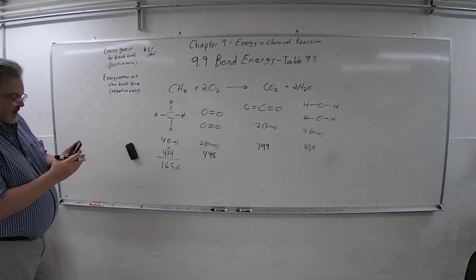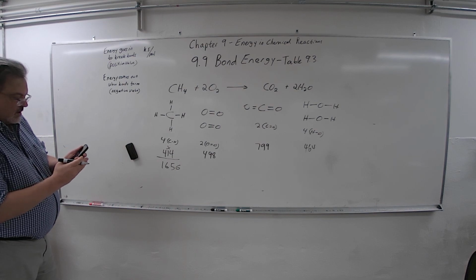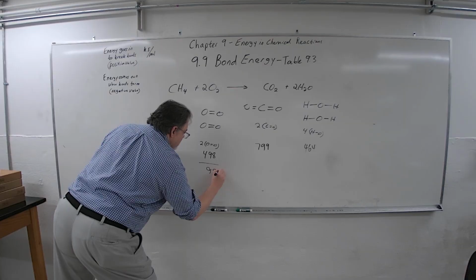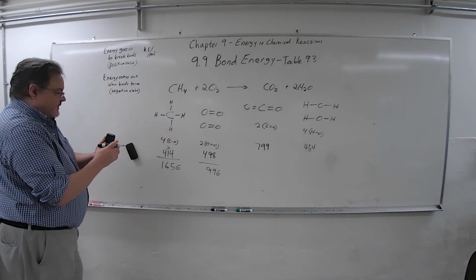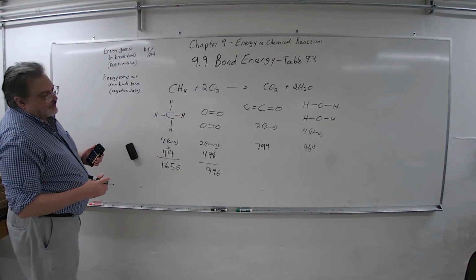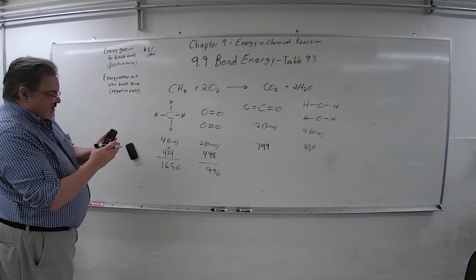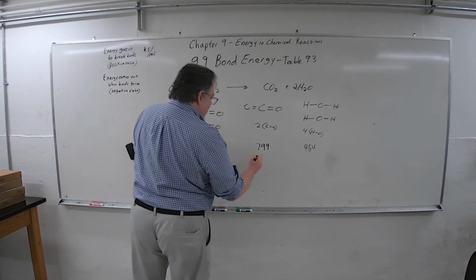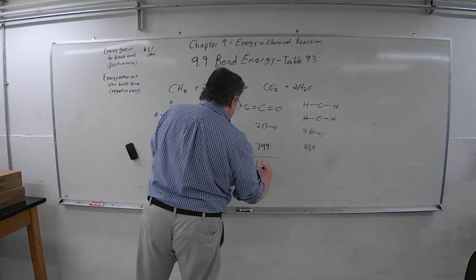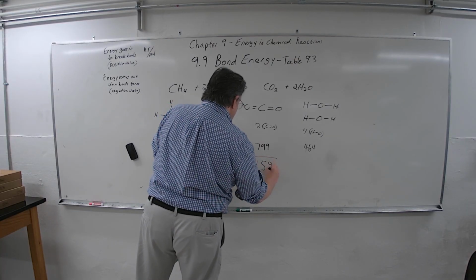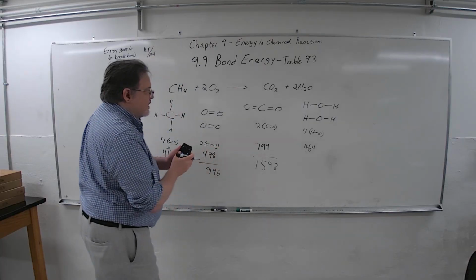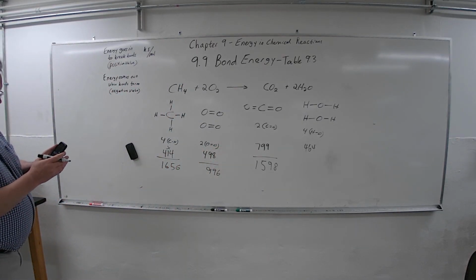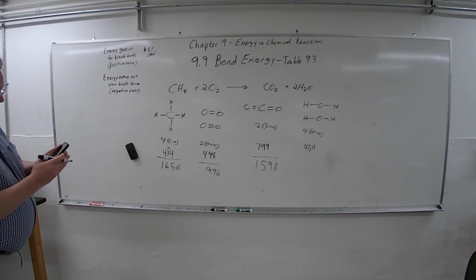Two times 498 is 996. 799 times 2 is, 4 times 464.